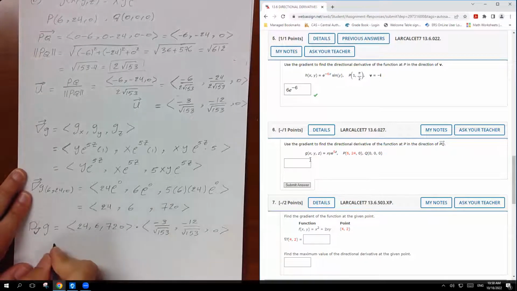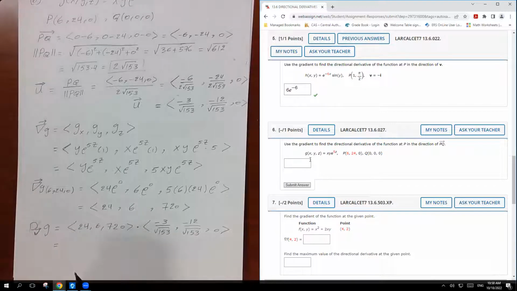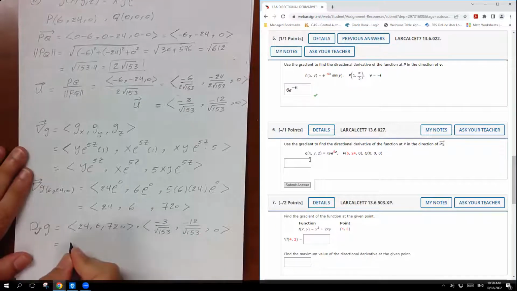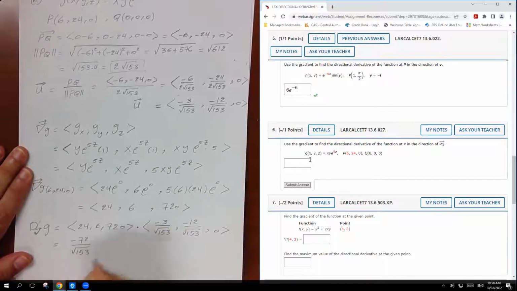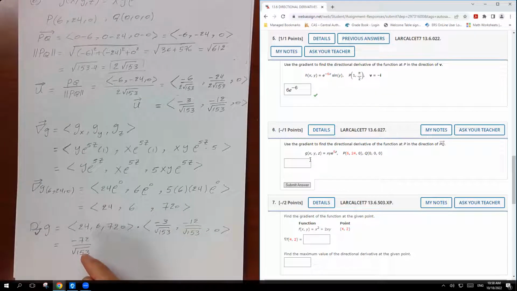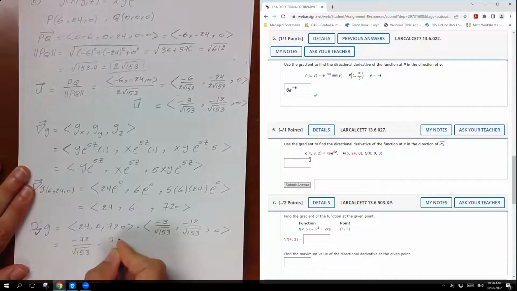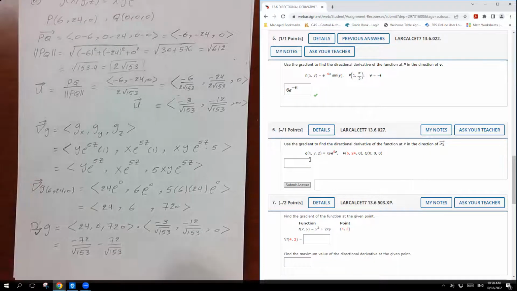So this one is going to be this one times this one plus, so 24 times -3 is going to be -72 over square root of 153. And here is also negative, 6 times 12 is going to be 72 also. So this is going to be minus 72 over square root 153.